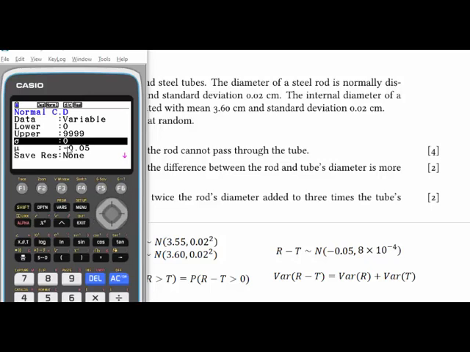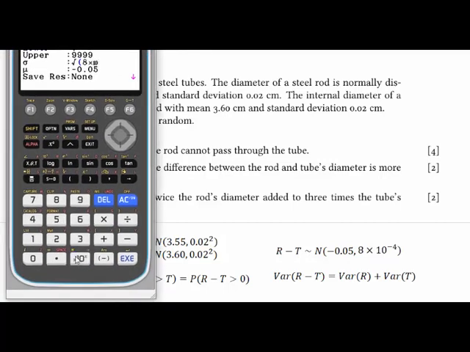So what is the probability that r minus t is greater than 0? So I've got lower is 0, upper is 99999. The mean is negative 0.05. What is the standard deviation? Well, it is the square root of that variance here. So I'm just going to type it in like that. The square root of that variance. There is a button here, times 10 to the power. Then I can write negative 4.